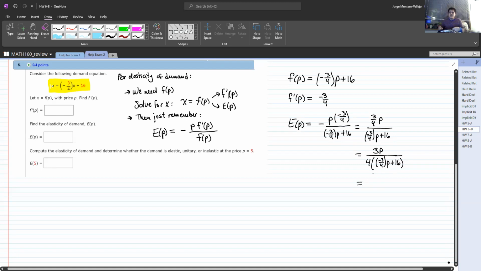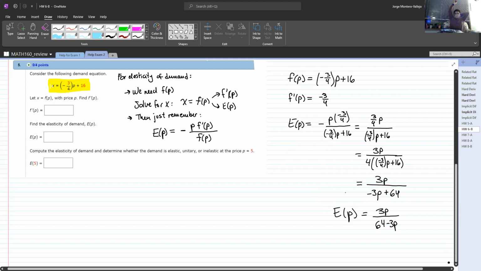And then when you distribute that 4, you will cancel out this 4 in this denominator, right? And you will be left with -3P plus 4 times 16, that's 64. You can rewrite it like this so that it looks a bit better. And that's your expression for elasticity of demand.